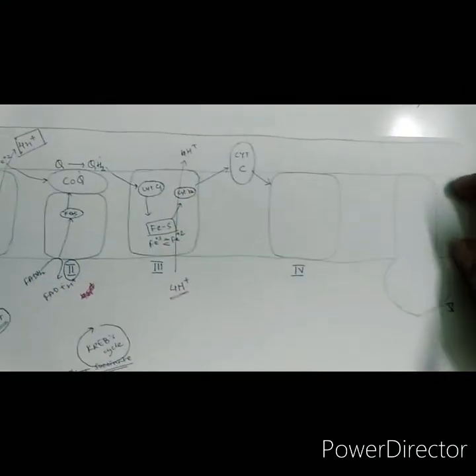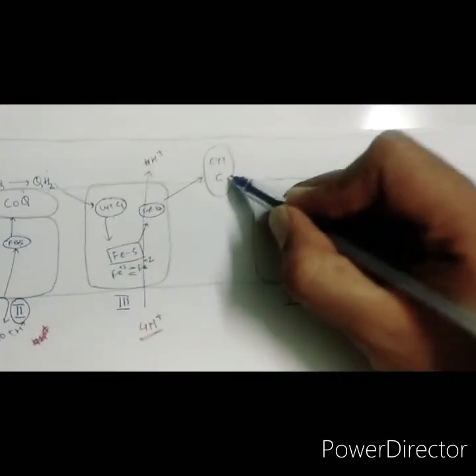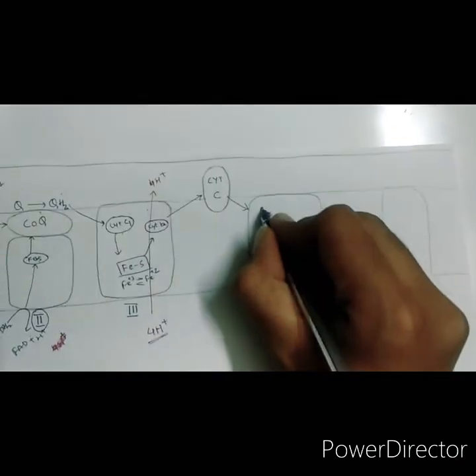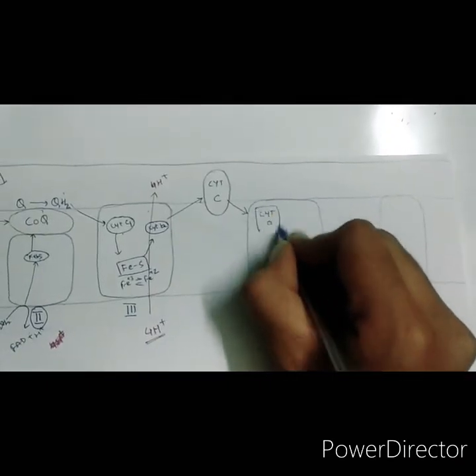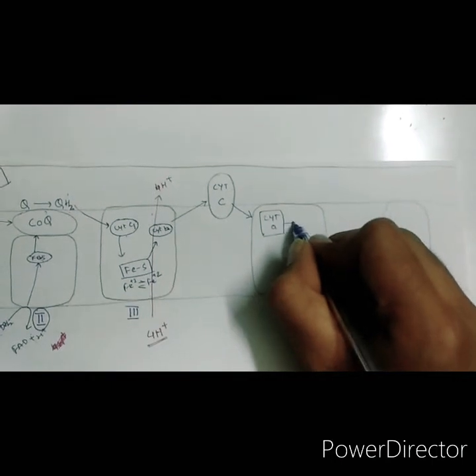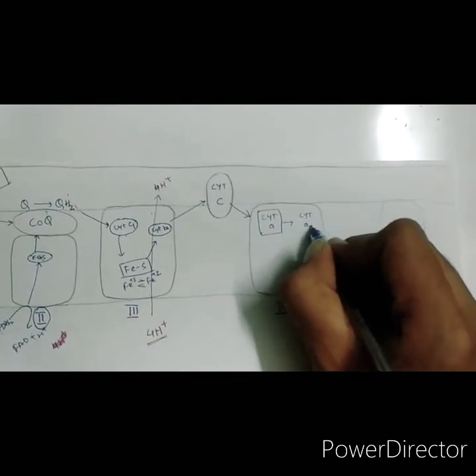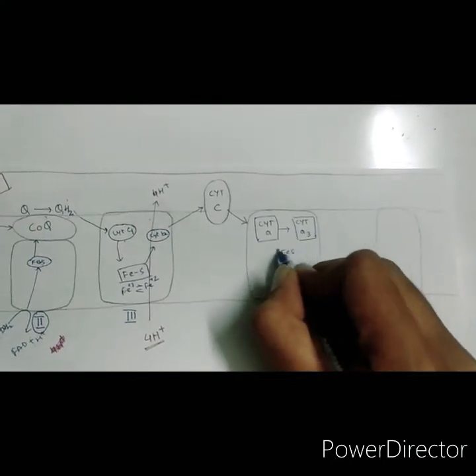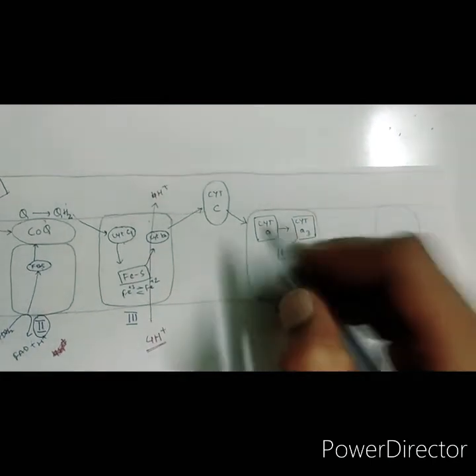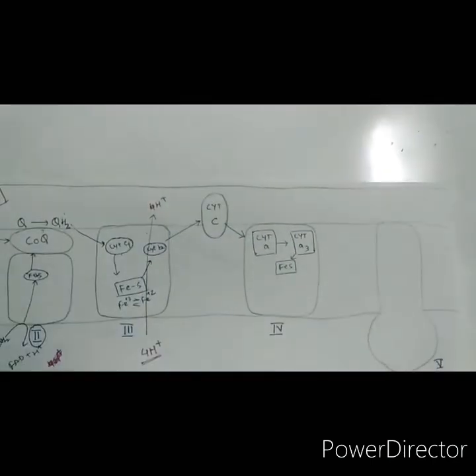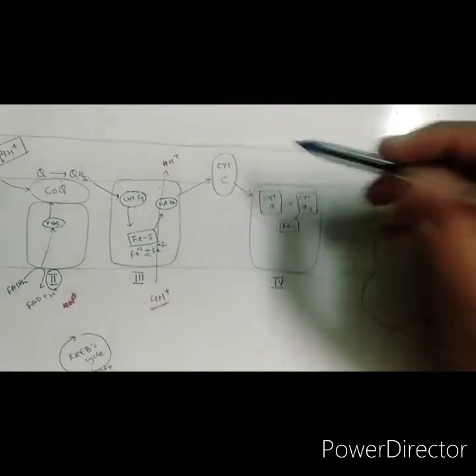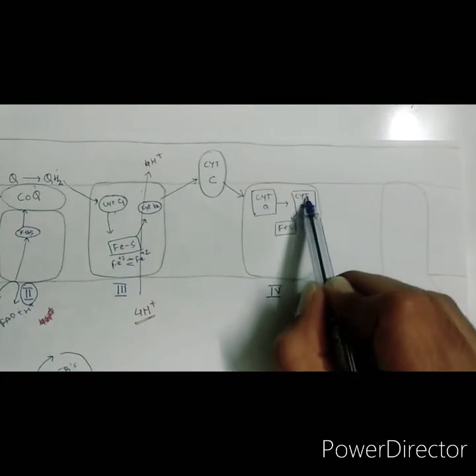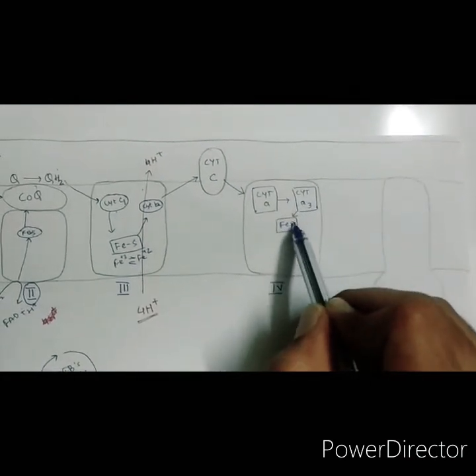Whatever electrons are received by cytochrome C are transferred first to cytochrome A. Cytochrome A transfers its electrons to cytochrome A3, and finally they are received by iron sulfur proteins.